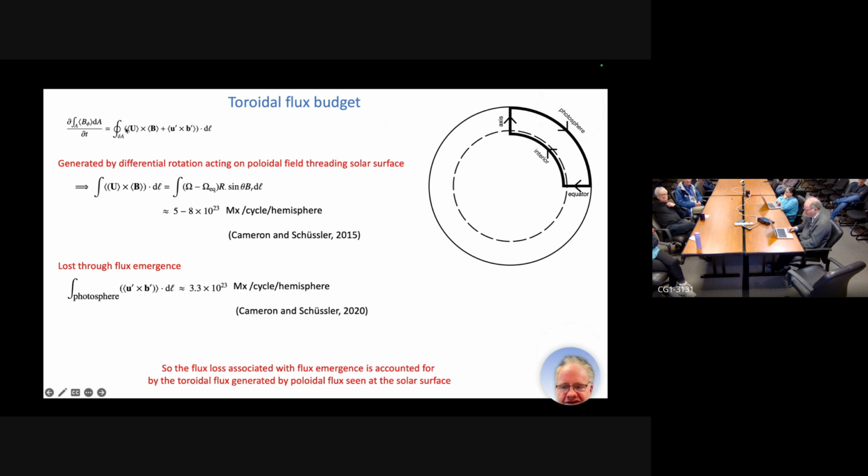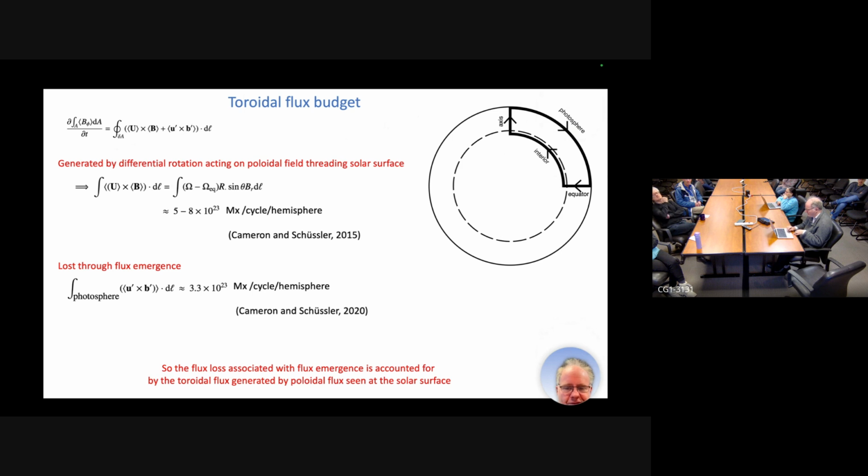The first term, the mean U plus mean B, gives you the amount of field which is generated by the large scale flows and fields, in particular differential rotation acting on the magnetic field threading through the photosphere.